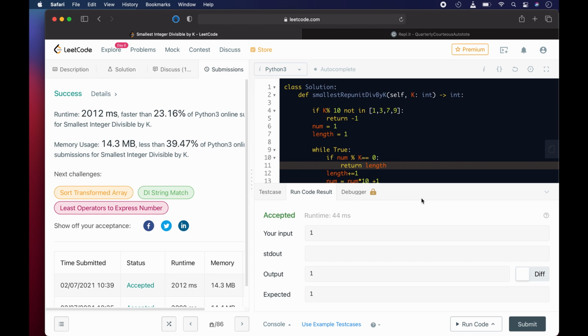Since we loop through, the time complexity is going to be, let me think about the time complexity. The structures we create are, I think, constant, right?